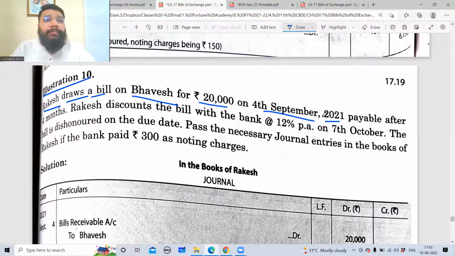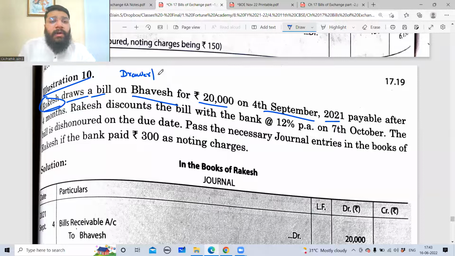So who's the drawer? Rakesh is called as a drawer. So what are the other names for Rakesh? He's called as creditor, seller, maker. He's called as payee if he receives the money.